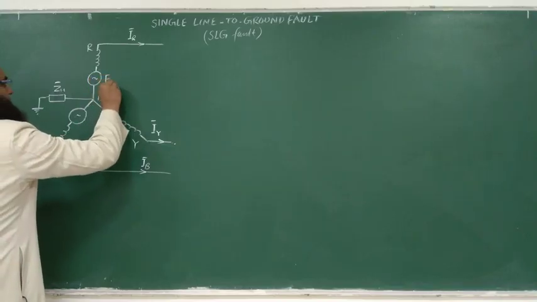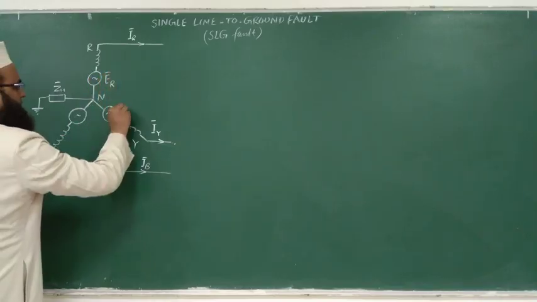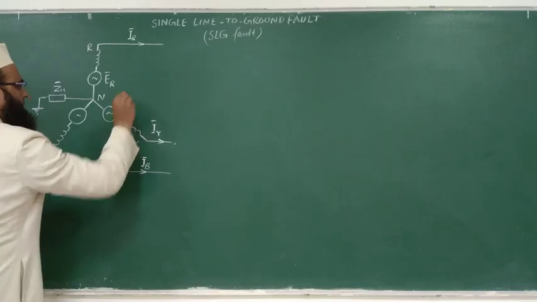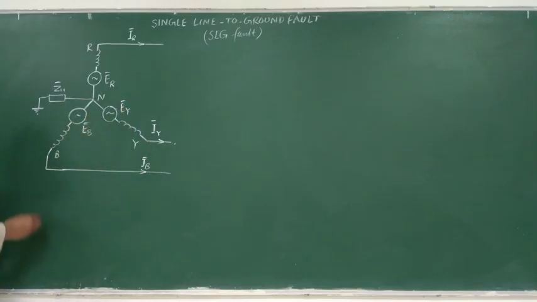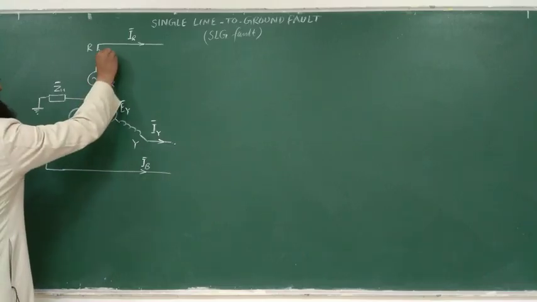This EMF is ER in R phase, EY in Y phase, EB in B phase. The impedances are Z.